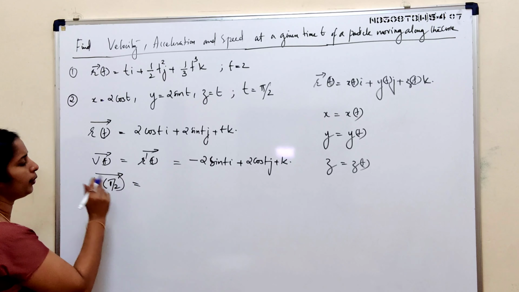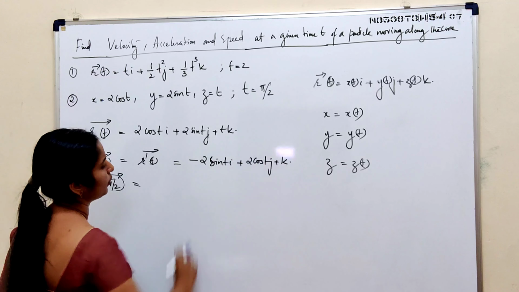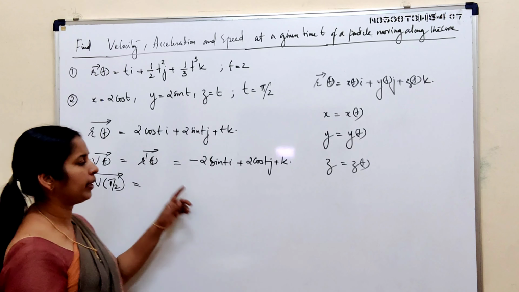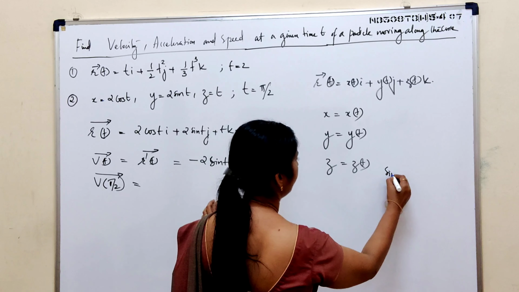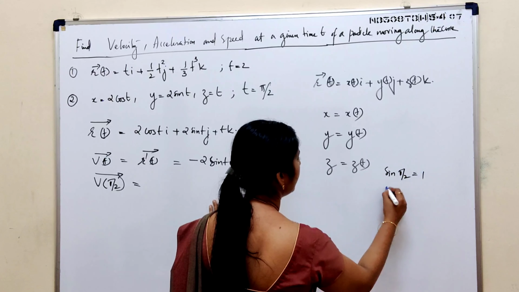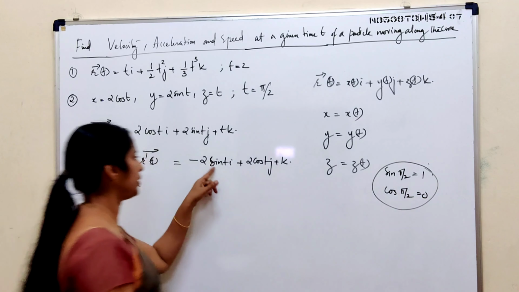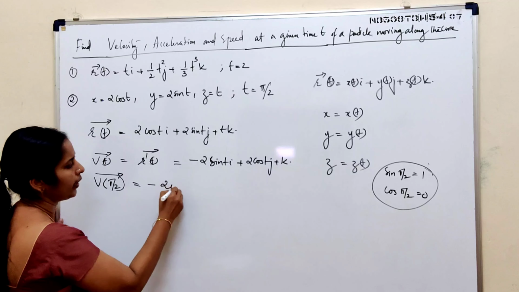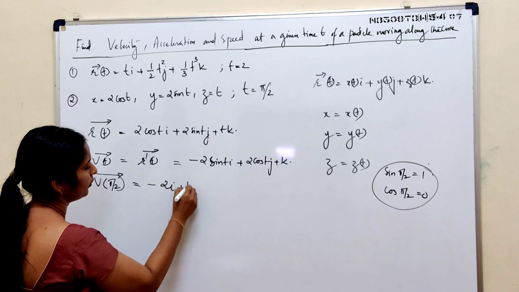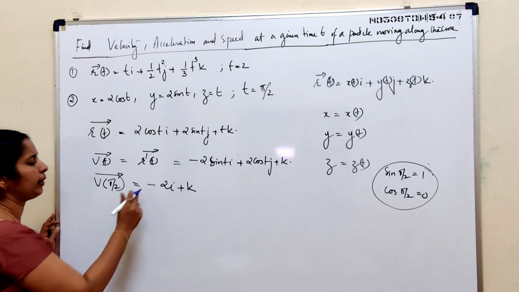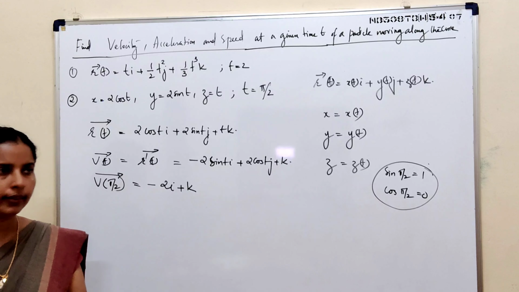So you put t equal to π/2. When t is π/2, we know sin π/2 is 1, cos π/2 is 0. So this term becomes minus 2i, this term is 0. So velocity when t equals π/2 is minus 2i plus k.